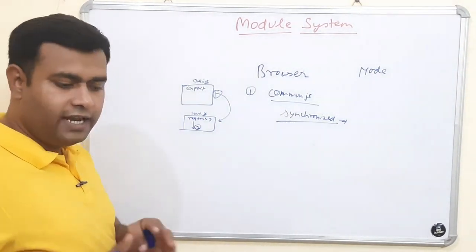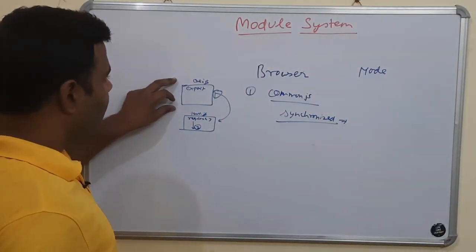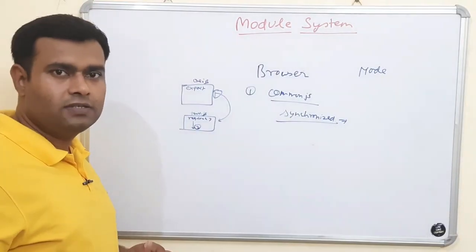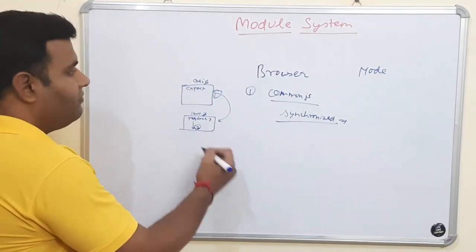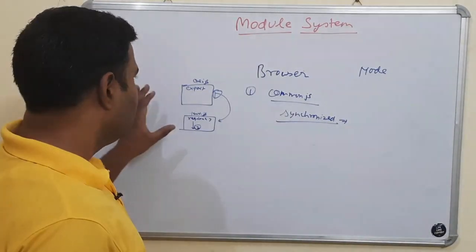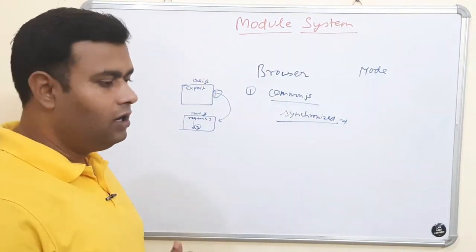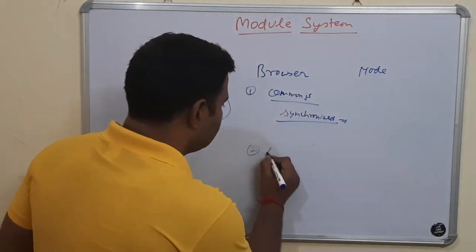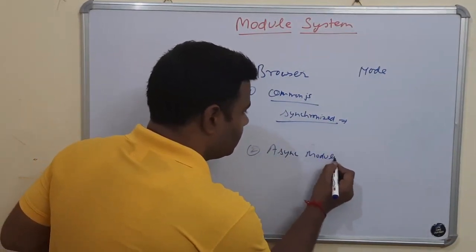Whereas there are a few systems which are asynchronous, in which this particular file will be loaded asynchronously, meaning it is only loaded later on, the execution will continue, and when required this particular module will be loaded. As this CommonJS system is synchronous, there is another system called the asynchronous module system, the async module system.